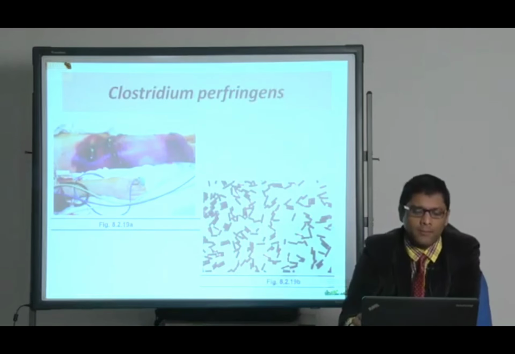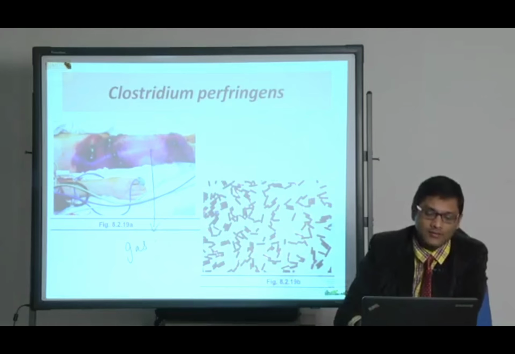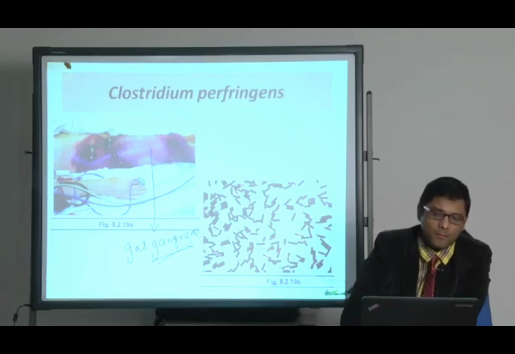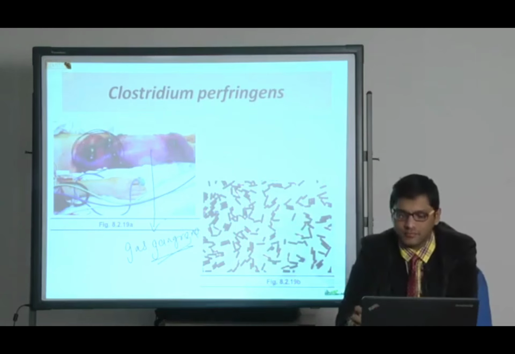Then Clostridium perfringens manifestation: this particular picture is a clinical case of gas gangrene, presence of bubbles in the muscle compartment.